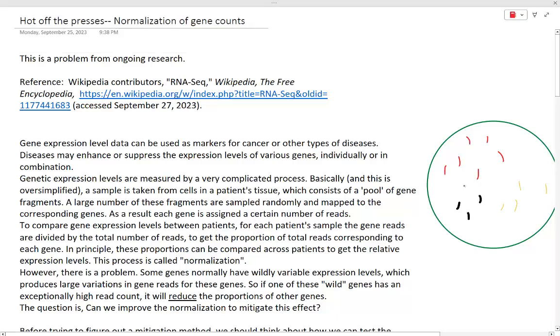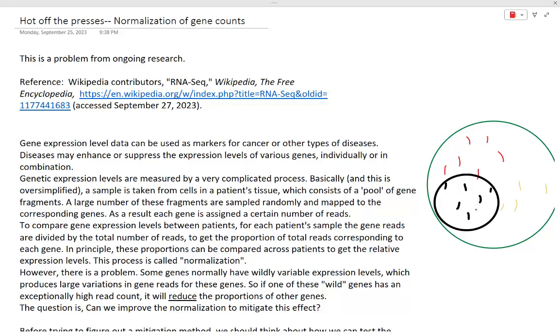So these fragments are from the gene. They may be from different instances of the same gene. But what you want to do is count the fragments, and then map the fragments to the particular gene, and that gives you a gene count.